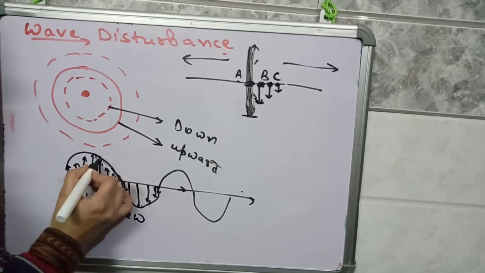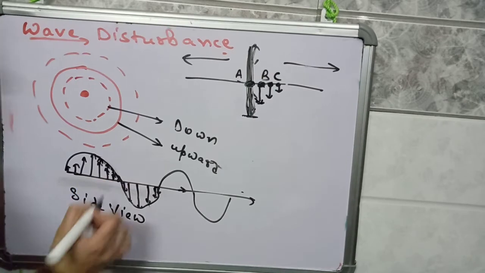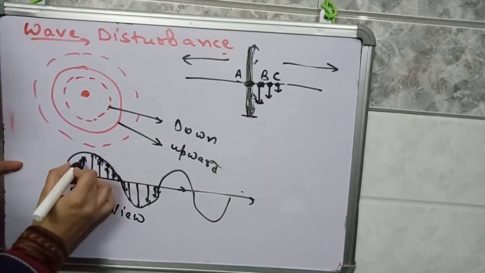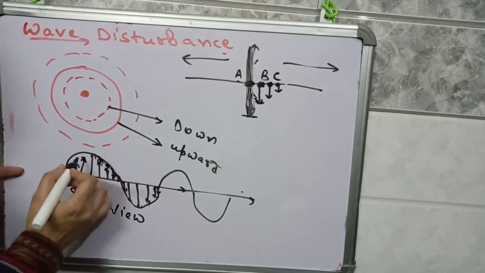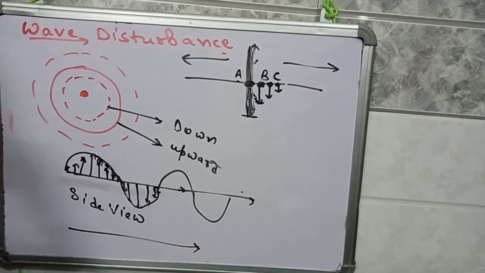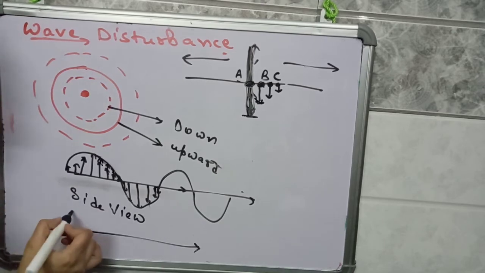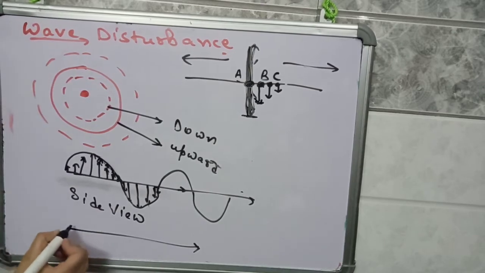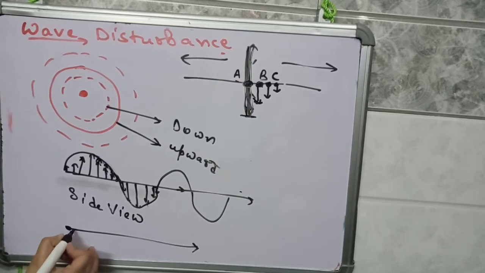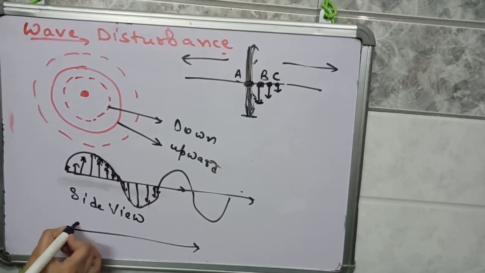So it means, if we take the motion of a single particle, the single particle was initially at this point. After some time, this particle will be at this point.